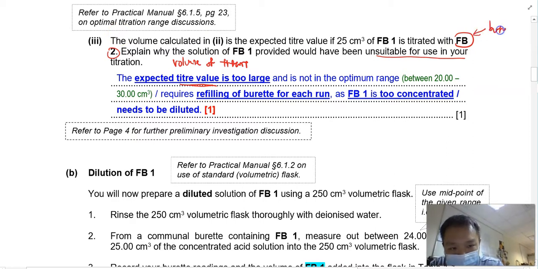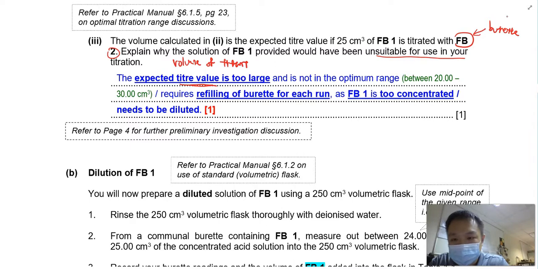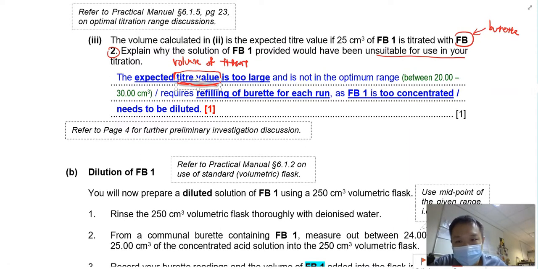So the titrant is the solution in the burette. I repeat, the titrant is the solution in the burette. Titer value is the result of your titration, that means the volume that you obtain from a titration. It's too large and therefore it's not in the optimum range.